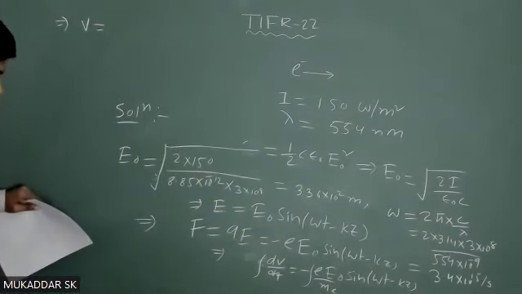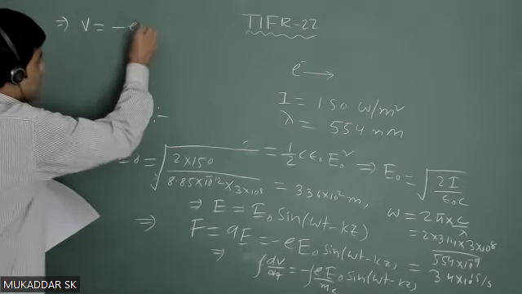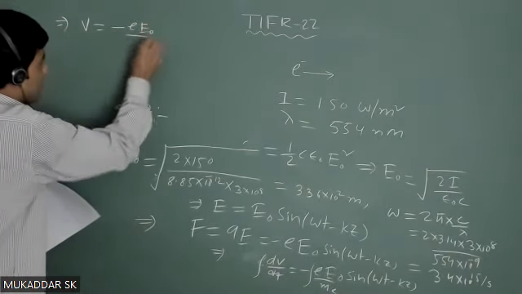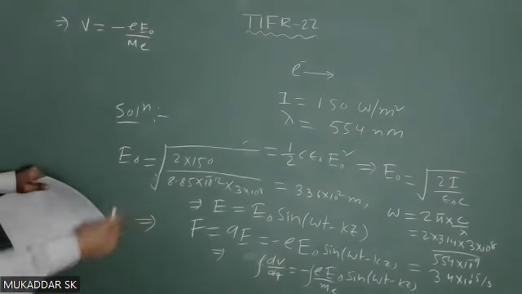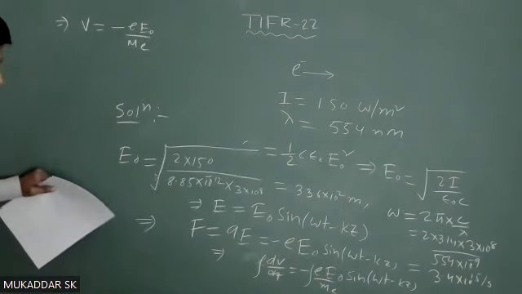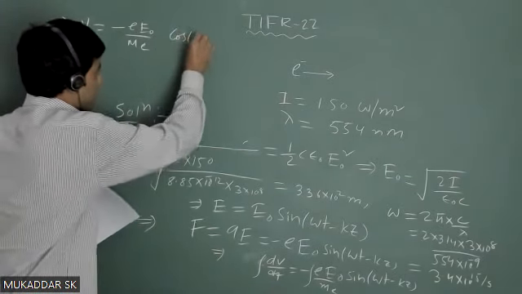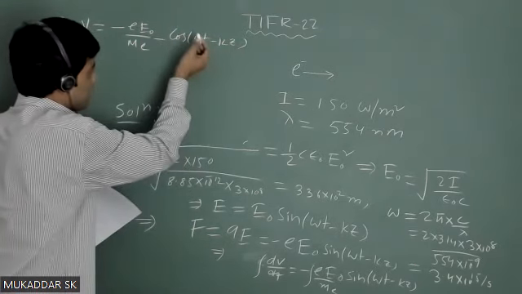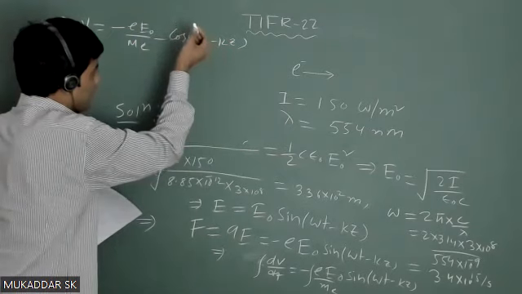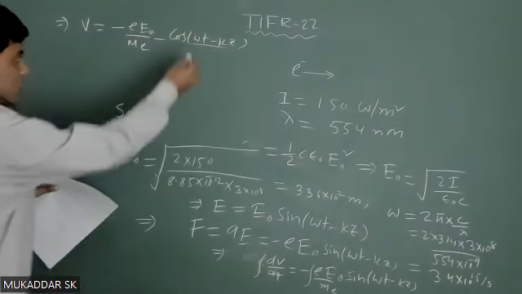the oscillating velocity. You will have the component e E naught by the mass of the electron, and then the integration of sine, which is cosine omega t minus kz. But you have to integrate, or differentiate, this part on the denominator with respect to time also.